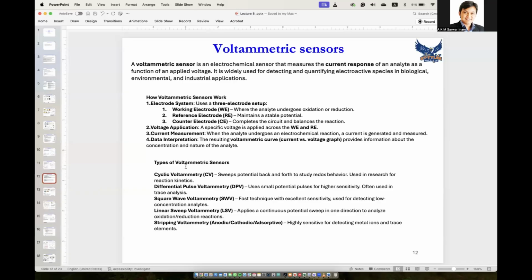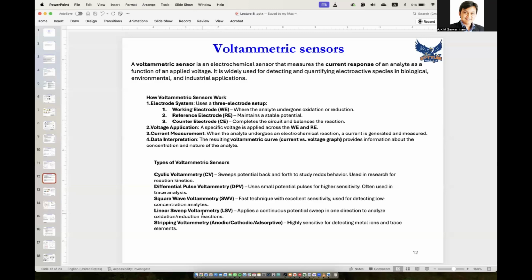And of course it reduces the background noise. Like DPV, SWV also has higher sensitivity and very fast scanning, with low background noise. It is faster scanning than DPV, with very little background noise, but it requires precise optimization. That is the most challenging part, and more complex data interpretation also.